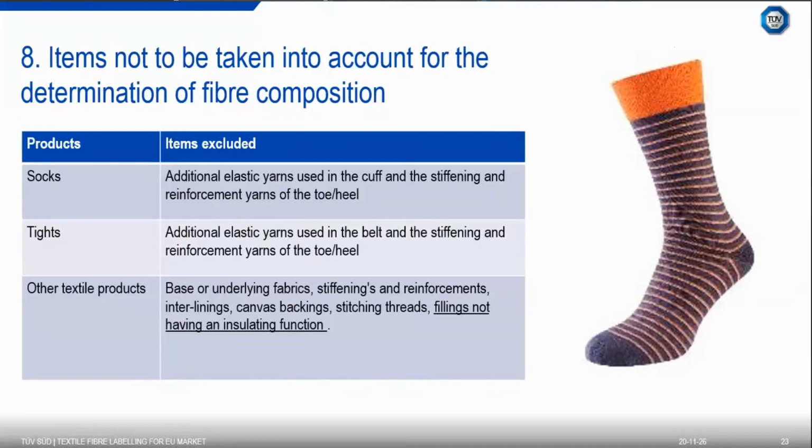But in case of a jacket, if it is completely filled for insulation purpose, then the filling material needs to be disclosed in the fiber composition. Interlining, canvas backing, embroidered portions or any other stitching threads, these kinds of components are not required to be considered while calculating fiber composition.